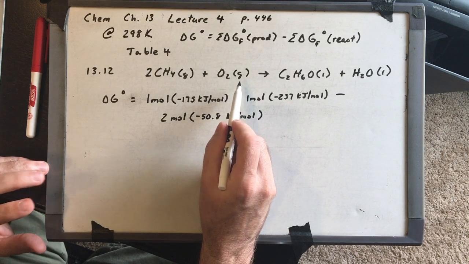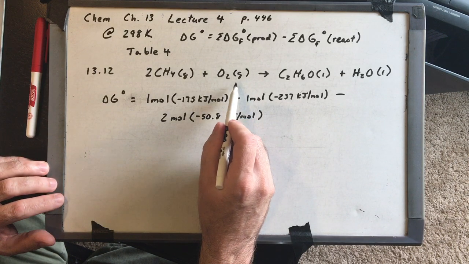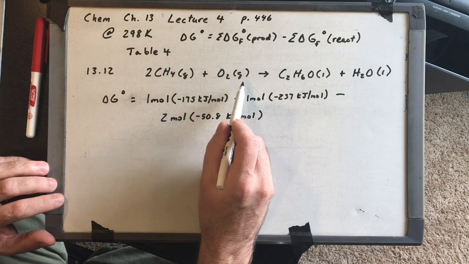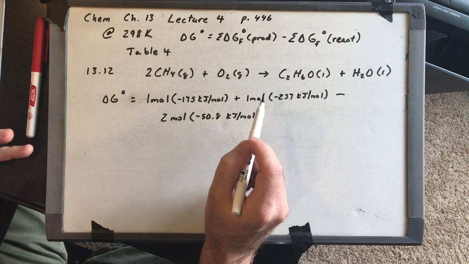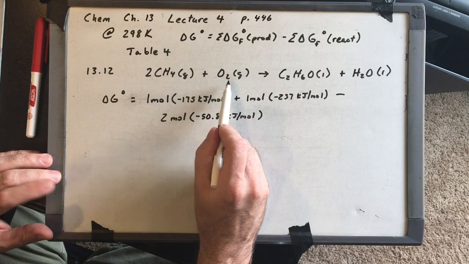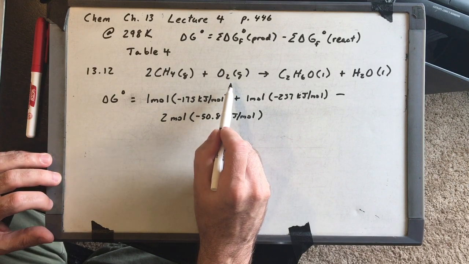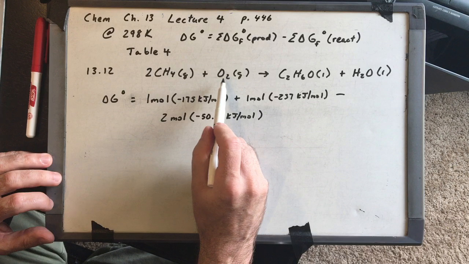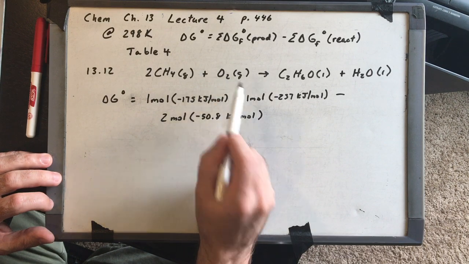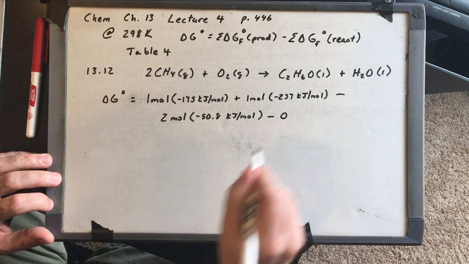That's because, just like enthalpy, the Gibbs free energy of formation of a single element in its elemental form, and O2 is how oxygen normally exists in the atmosphere, is 0. So minus 0.